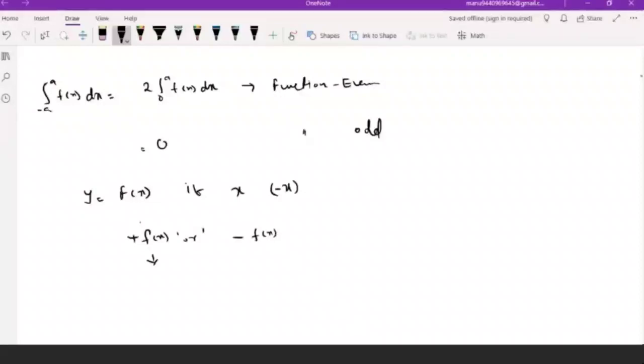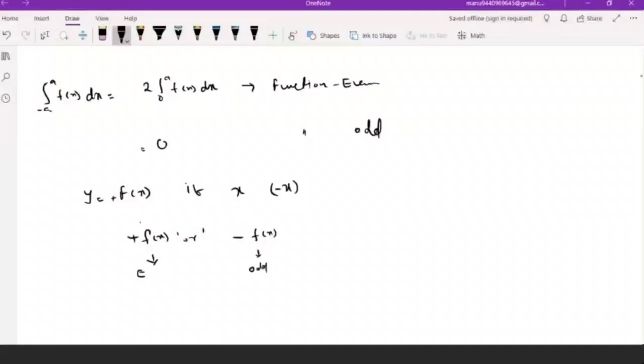If you get the same function with the positive symbol, without the symbol changing, that function is called an even function. If your symbol is changed, if you get the negative, then we say that it is an odd function.